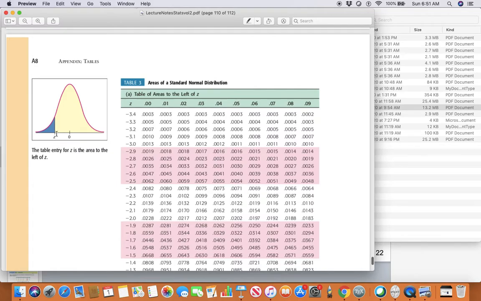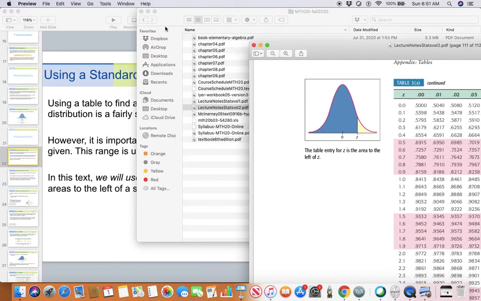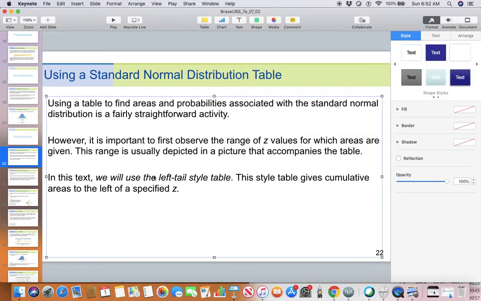For any Z score, the area given here is the left tail of it. Here is the Z score, that's positive, and the left tail is this part. Z values for which the range is depicted by the picture, we are using the left tail.